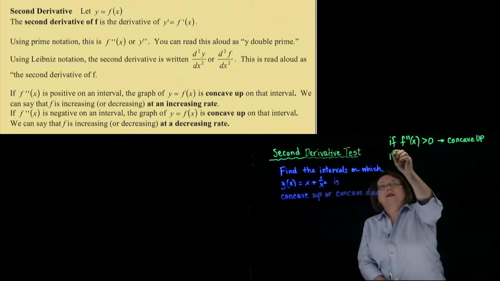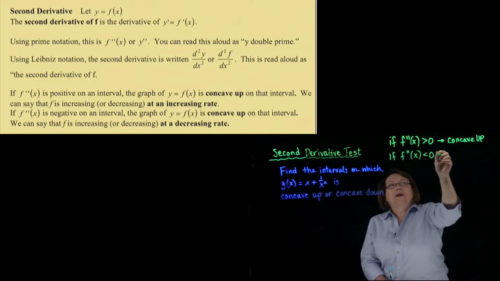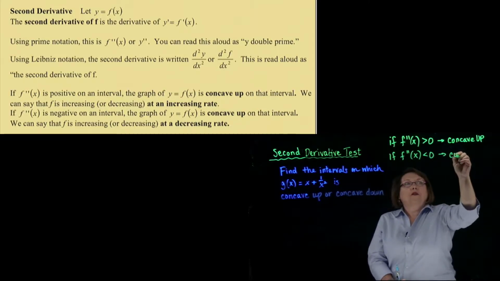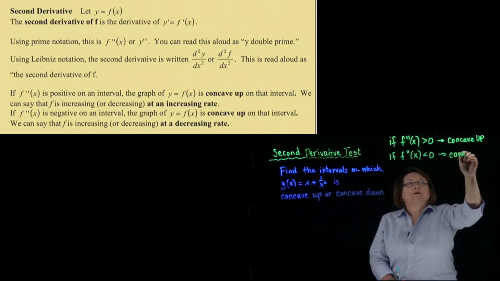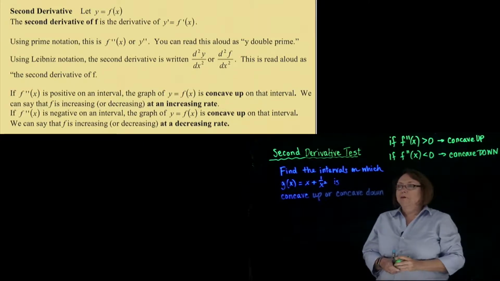If our second derivative is negative, less than 0, then it means that our curve or our graph is concave down.